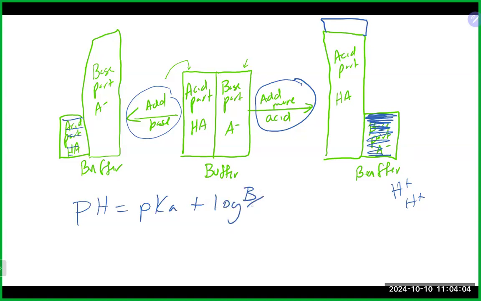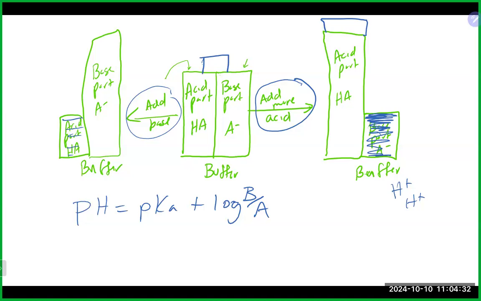So you could actually use the Henderson Hasselbalch equation to help you figure out what might be a good buffer to be, or what to choose to make a buffer out of. You could actually use it very specifically, like we'll do in lab, to pick a very appropriate buffer and make it a very appropriate buffer. But typically speaking, a lot of times we want a pretty good concentration of the acid and base part of the buffer.